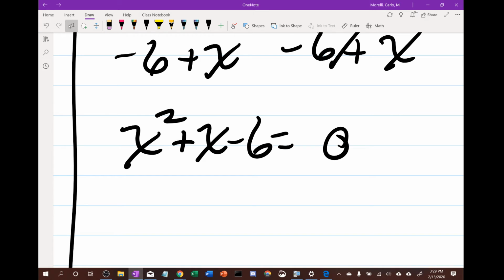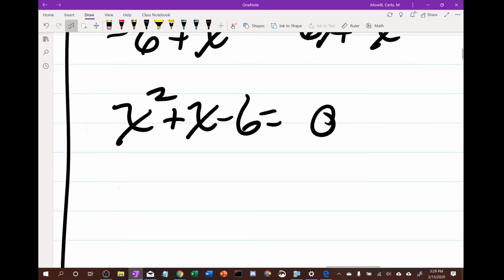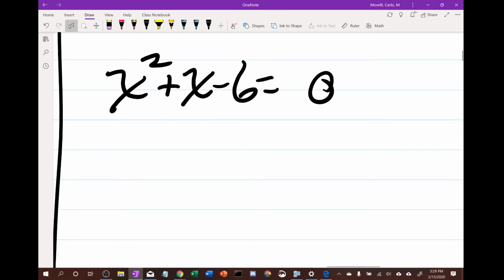And now we're going to factor and solve this quadratic. It's too easy to put in the calculator. All you need to tell me are two numbers that add to equal 1 and multiply to equal negative 6.